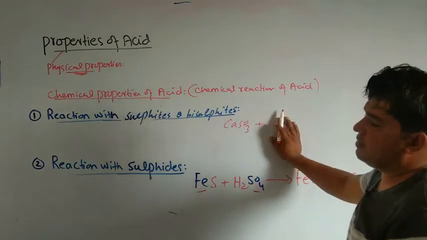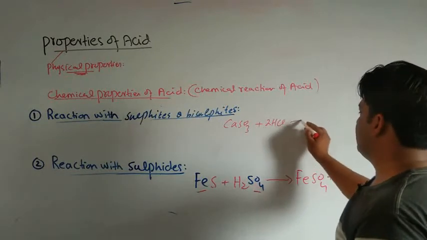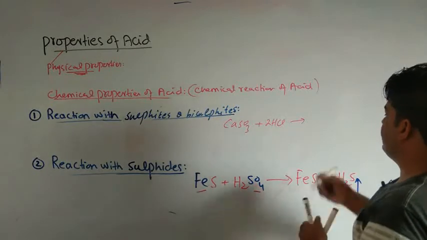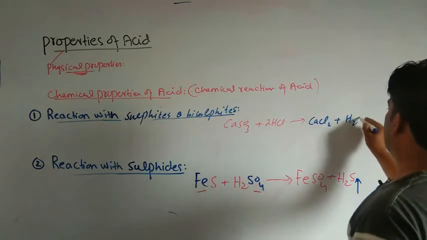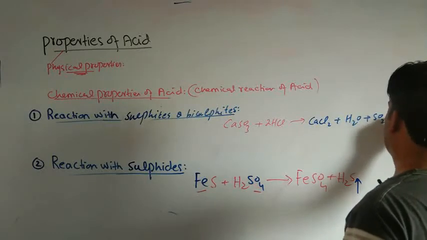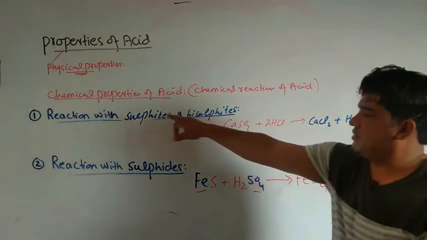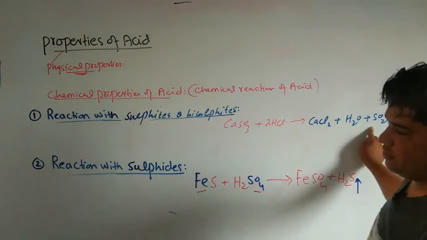One is sulfuric acid, another is HCl. So now HCl, so they will produce what? Calcium chloride plus H2O and plus sulfur dioxide gas, that is calcium sulfide, react with acid and they produce that and that.